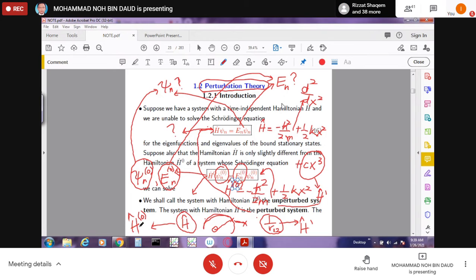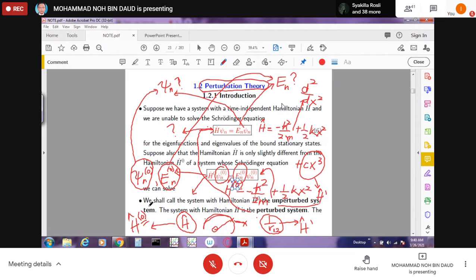We can also call this the zero order Hamiltonian. In this course, the ideal, unperturbed Hamiltonian is going to be H0.